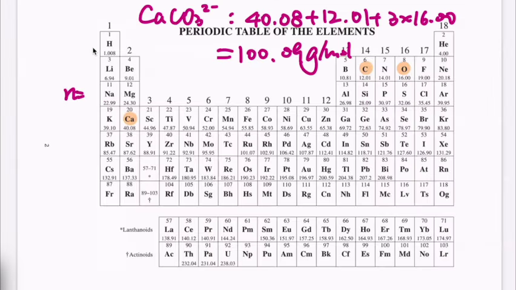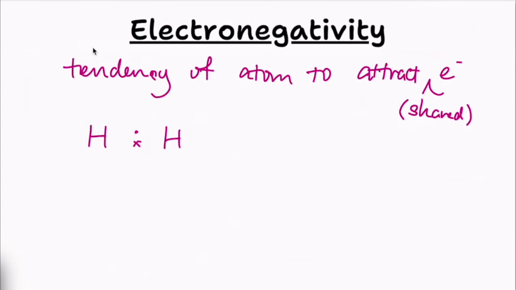But what if it's hydrogen and fluorine, okay, or hydrogen and chlorine, okay? So chlorine has a much greater electronegativity, which means it's very, very strong. It can just pull the electrons toward itself. So when hydrogen and chlorine share electrons, the chlorine will just pull the electrons toward itself.